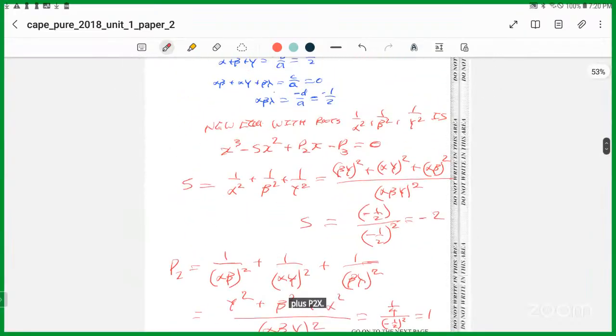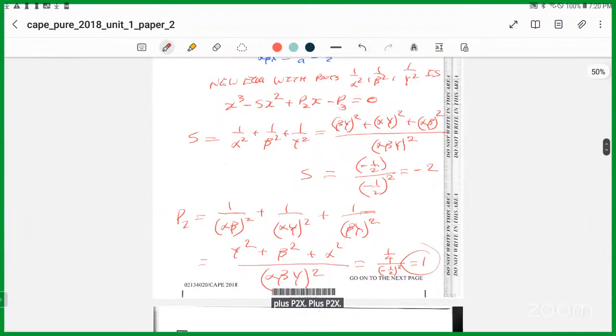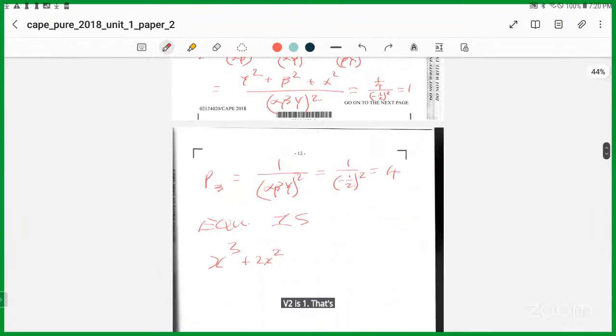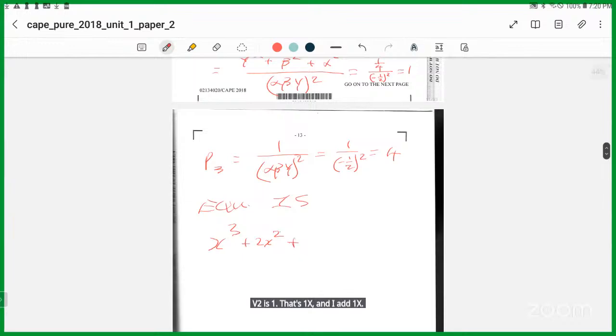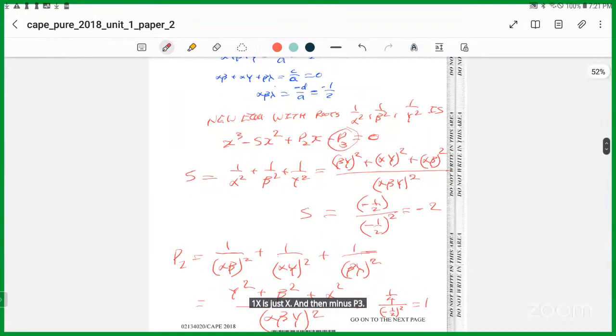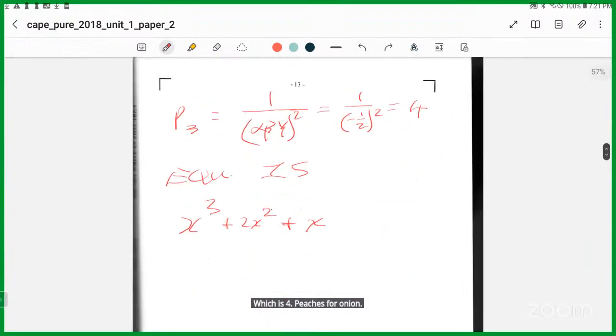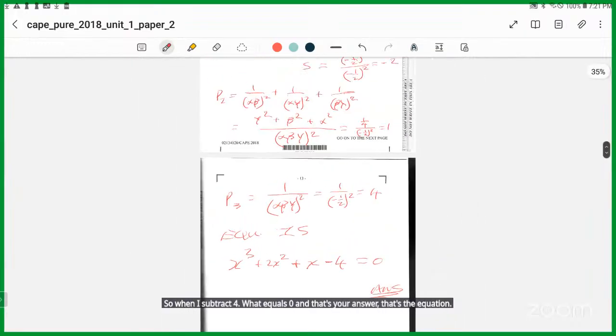See it here? P2 is 1, that's 1x, so you're going to add 1x. 1x is just x. And then minus p3, and p3 is 4. P3 is 4 down here. So we're going to subtract 4. That equals 0. And that is your answer. That's the equation. Nice and easy.